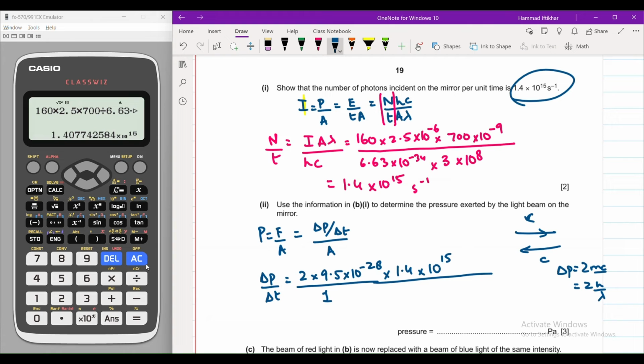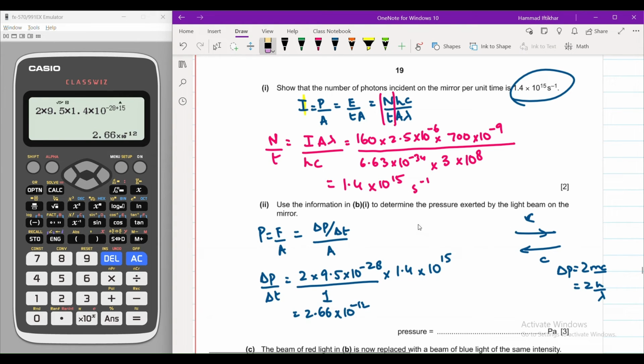So we just need to calculate this: 2 times 9.5 times 1.4, 10 raised to power minus 28 plus 15, that is 2.66 × 10^-12.